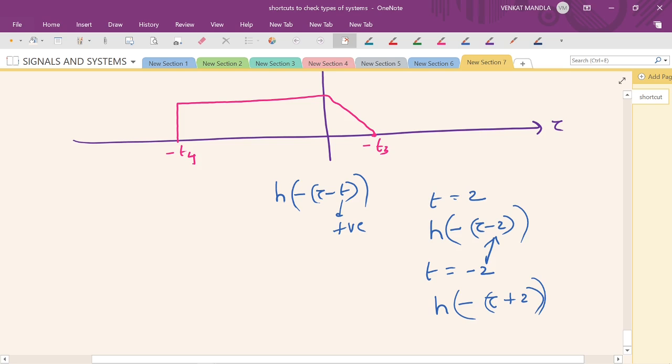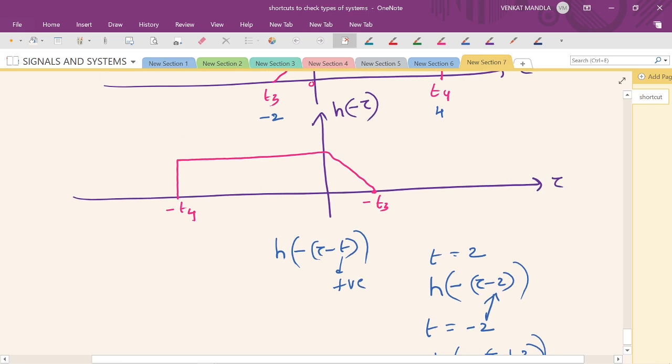So if t is negative, the signal moves towards left. This h of minus tau moves towards left if t is negative. If t is positive, the signal moves towards right. That is delay. This left side movement is advance. This right side movement is delay.